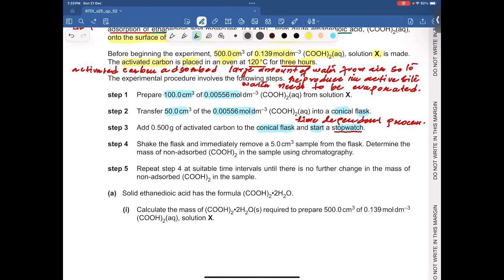Shake the flask and immediately remove 5 cm³ of sample from the flask. Why are we immediately removing 5 cm³? And that's the most important question here.